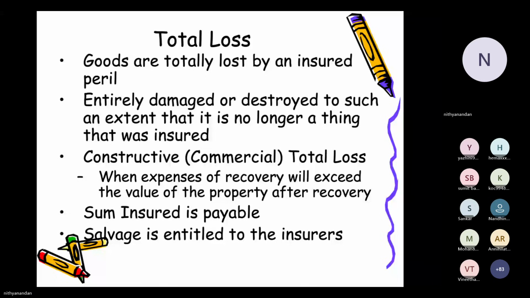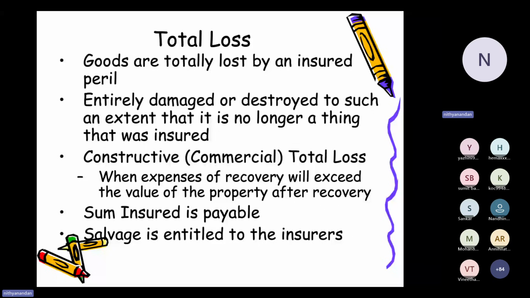When the expenses of recovery will exceed the value of the property after recovery. Take the case of iron bars taken in a ship. The ship is sunk. Where are the iron bars? Iron bars are available on the seabed. But the amount required for retrieving the iron bars and bringing them back to the shore will exceed the sum insured, then nobody will go for recovery and they will abandon it.